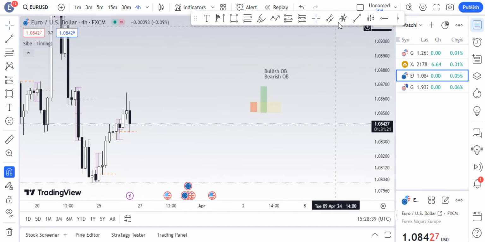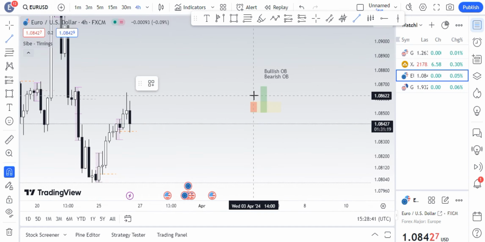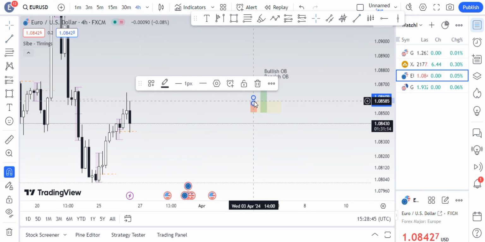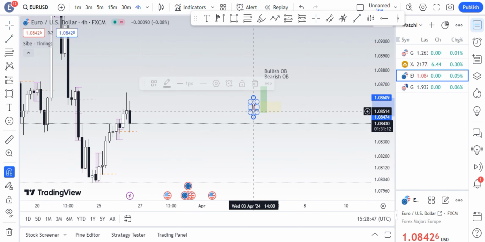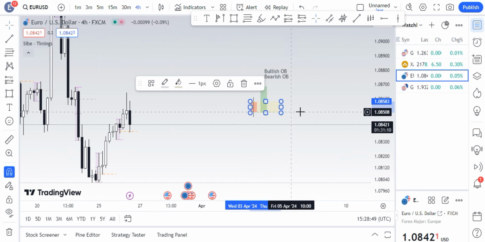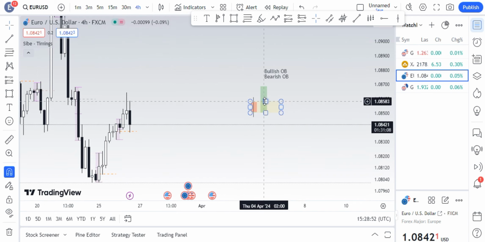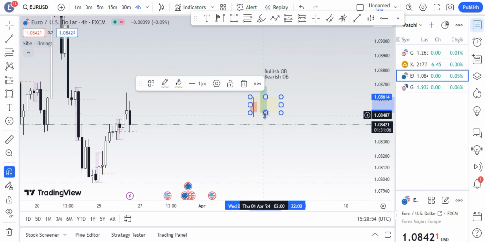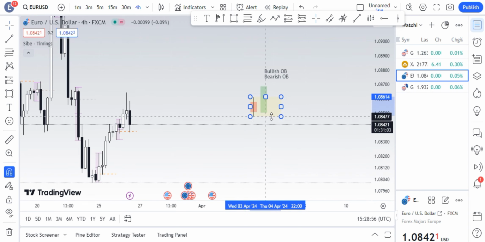Let me just add some wicks to the candle to make it more realistic. So this entire candle, including the wicks, would be our bullish order block.